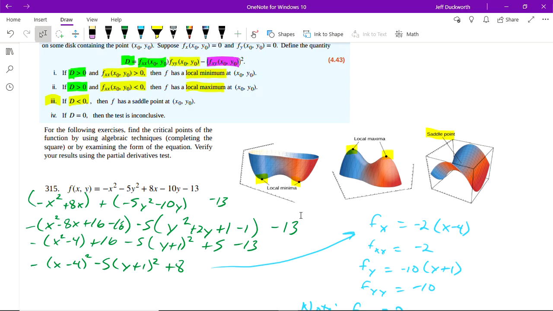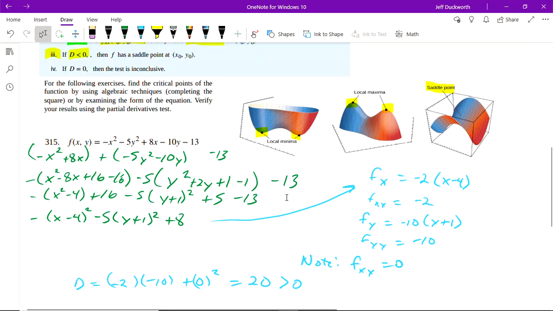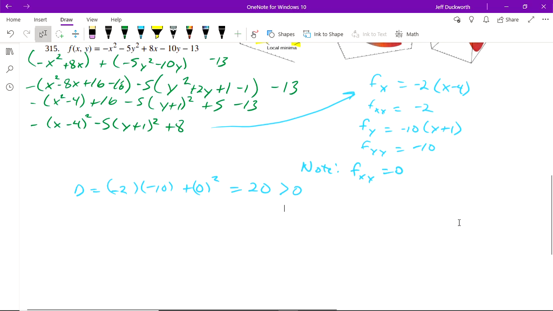Because of that, we have a local maximum. And we want to find the point. Well, we know the point is 4, negative 1, so I guess that works. The point is 4 and negative 1 from our factoring above.